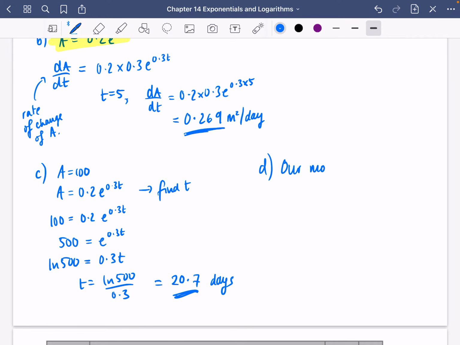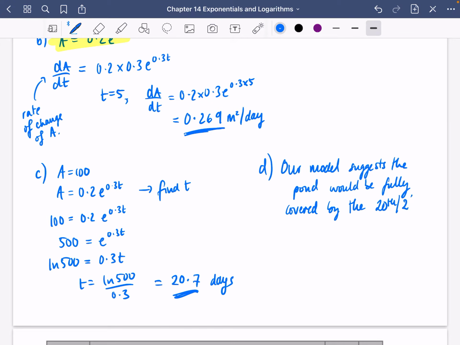Our model suggests the pond would be fully covered by the 20th or 21st day.